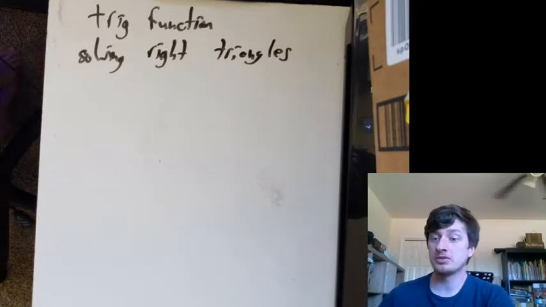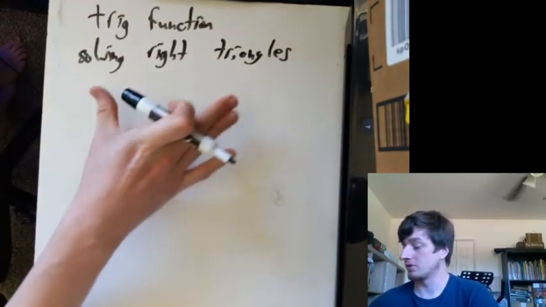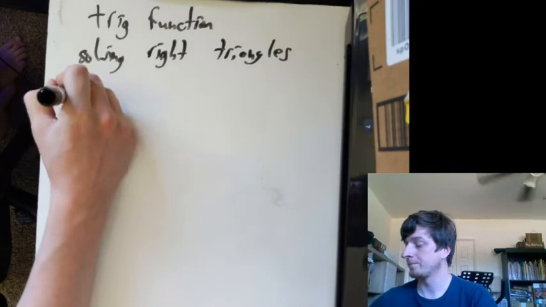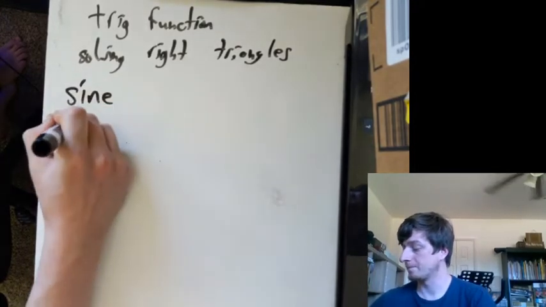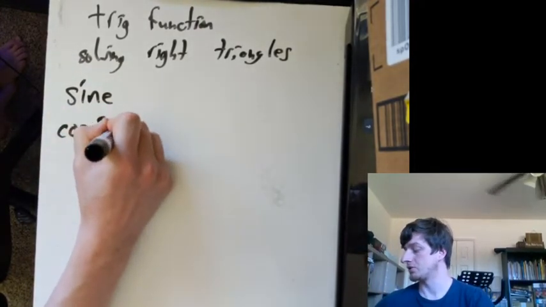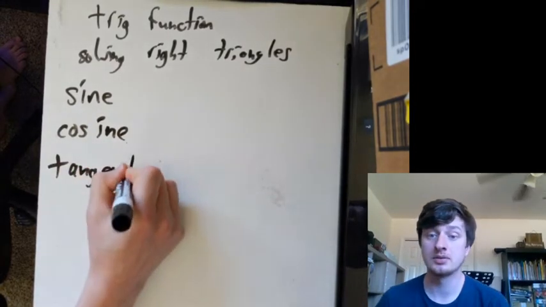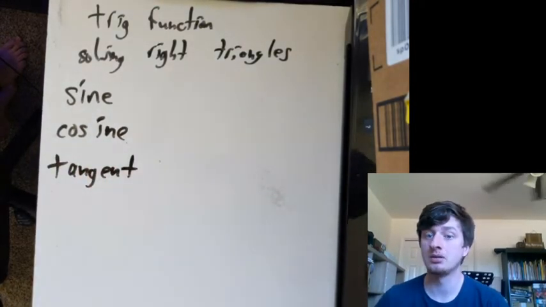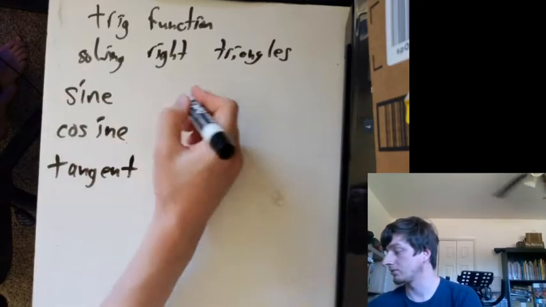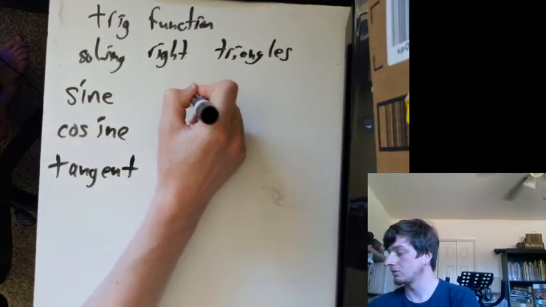Okay. And so the main ones for solving right triangles are going to be sine, cosine, and tangent. And if you have a calculator, they say sin, cos, and tan, like this, right?